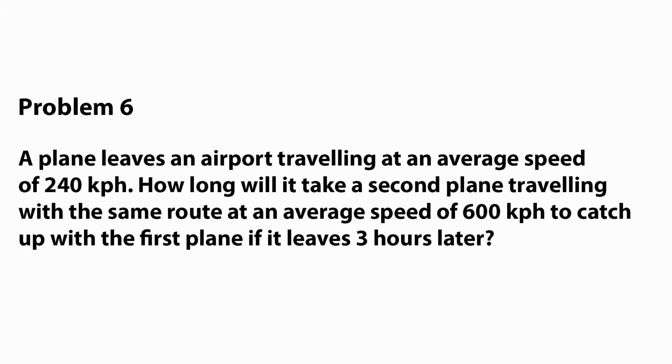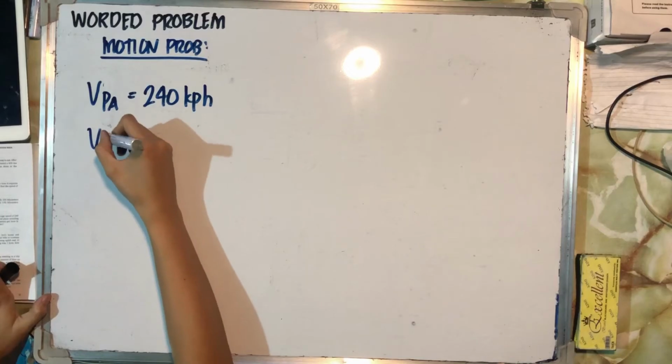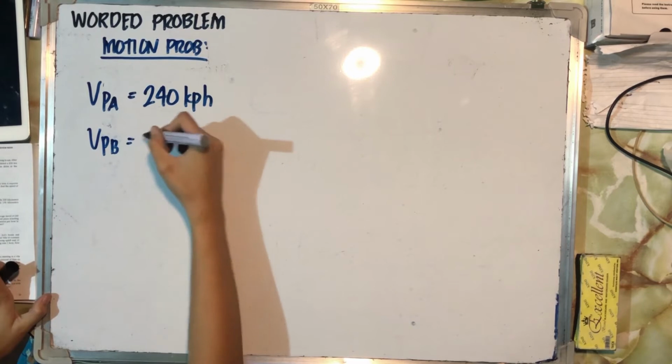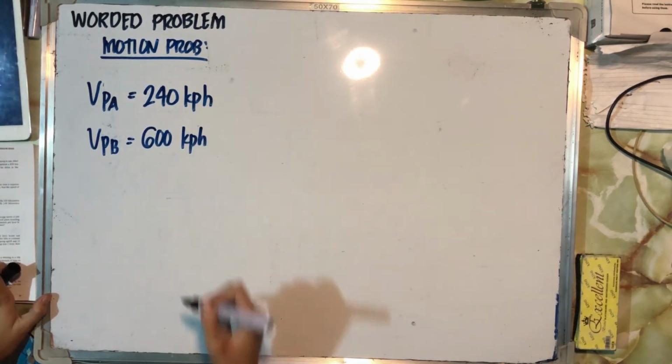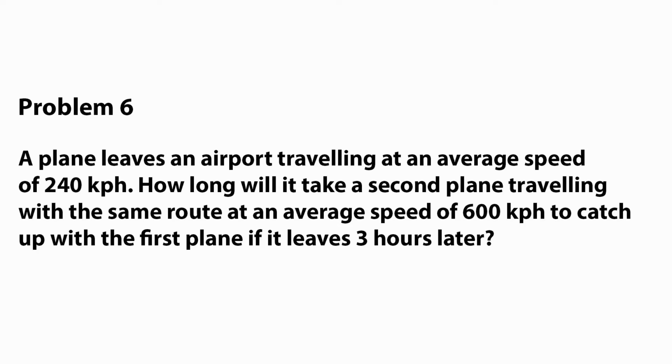Then, how long will it take a second plane, we have B, traveling the same route at an average speed of 600 kilometers per hour to catch up with the first plane if it leaves 3 hours later.